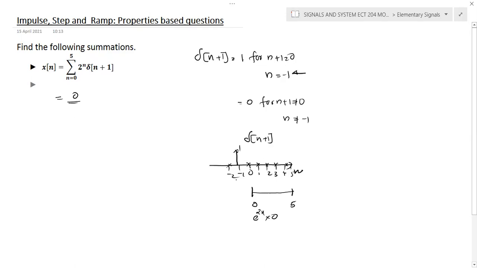Here the del of n plus 1 exists at minus 1, but the summation is from 0 to 5. If you observe the values of del of n plus 1 from 0 to 5, it is 0. And if you multiply with 2 raised to n, it becomes 0 within this limit, n is equal to 0 to 5.